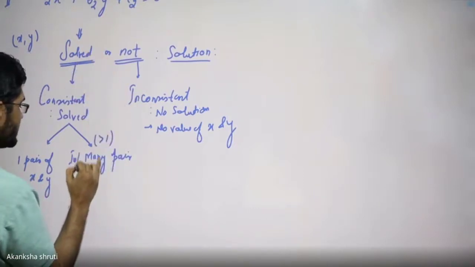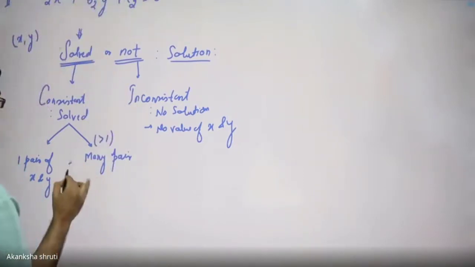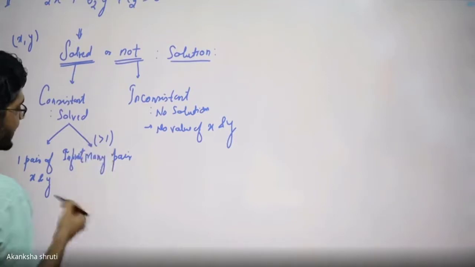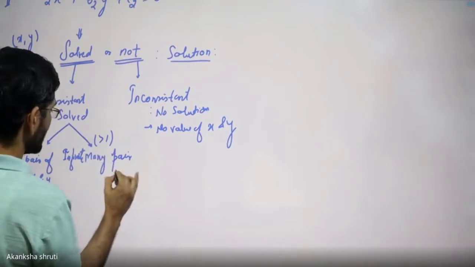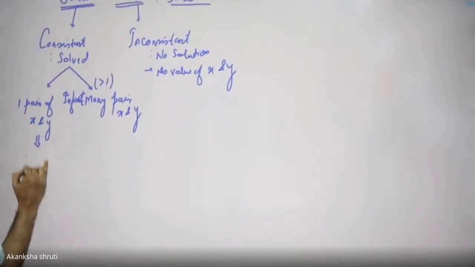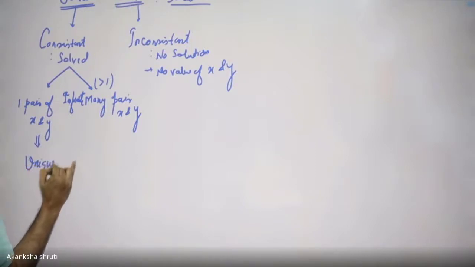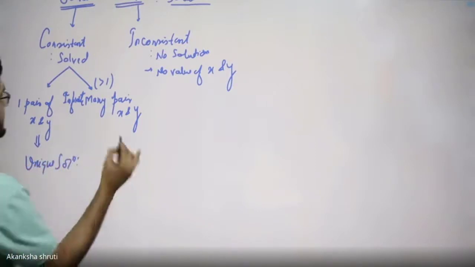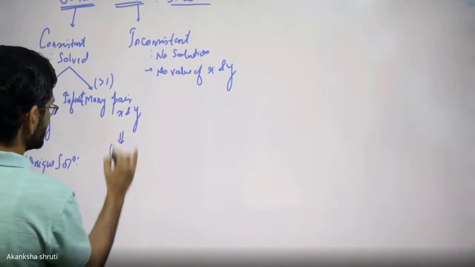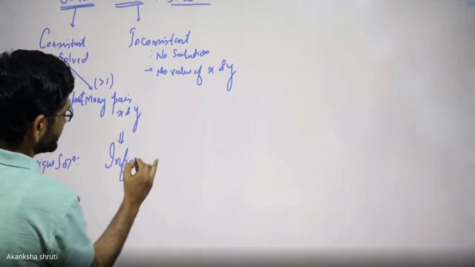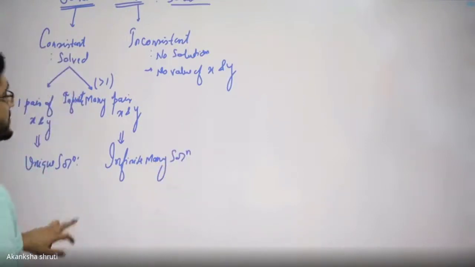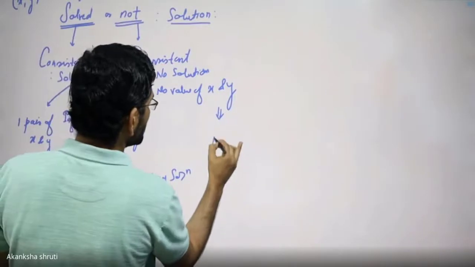So we write infinitely many pairs. So this second condition is called infinite. So infinitely many pairs of x and y are possible. If there is only one pair, it is called a unique solution. And if many pairs, it is simply called infinitely many solutions. This is named as no solution.